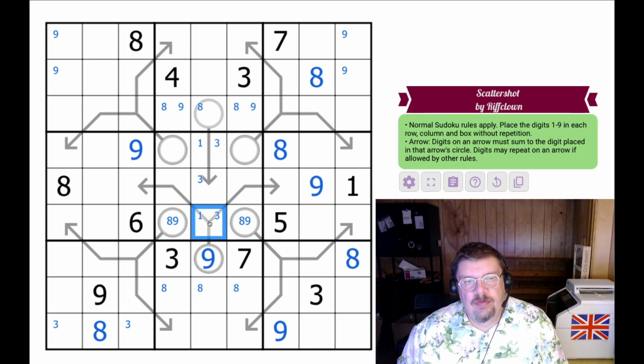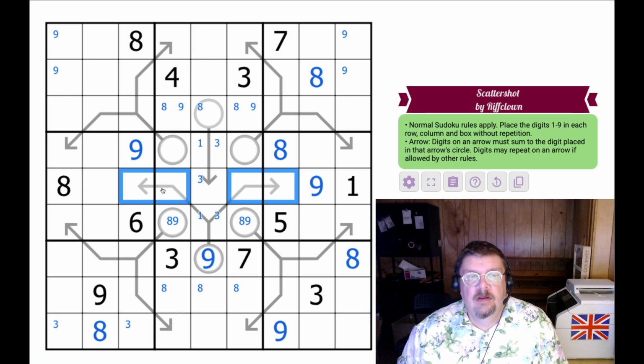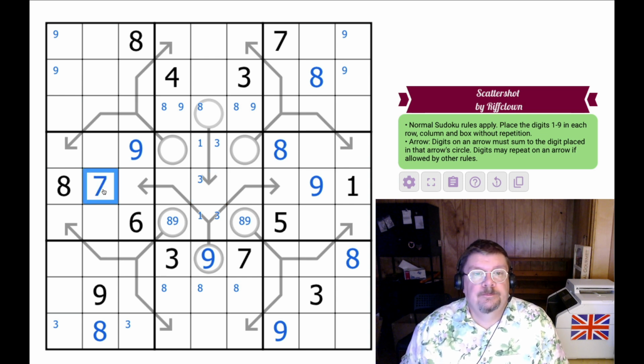And if that's 3, then that needs to add up to 6, and that needs to add up to 6. And there's only 2 ways to make 6 in 2 cells, which is 1, 5, and 2, 4. And because they're all in the same row, I have to use both of those. So that would be a 1, 5, 2, 4 quadruple, except there's a 1 there, and I can't do that. So that is not a 7. So that's a 7.